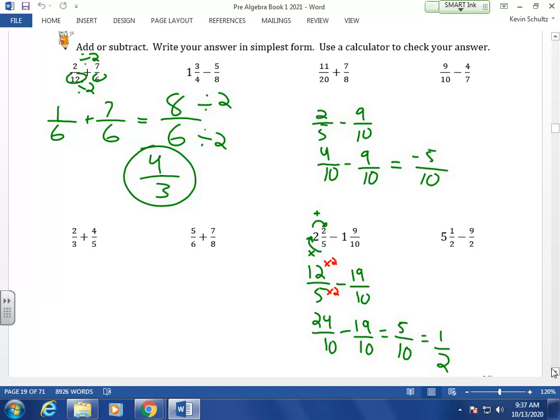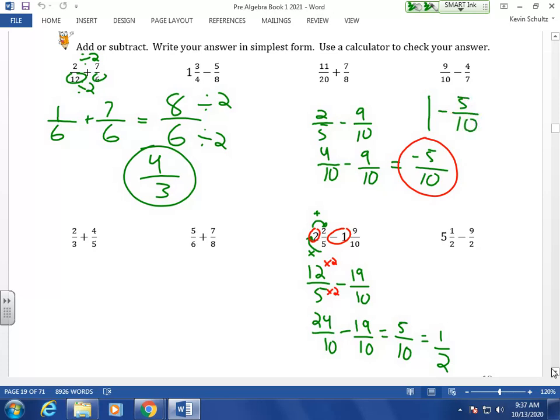Okay. Well, how we get there is that, yes, if we just ignore the wholes and subtract the fractions, we get negative 5/10. But now we look back at our wholes. What's 2 minus 1? Oh, come on. What's 2 minus 1? 1, right? So we have 1 whole, and then we have our negative half.